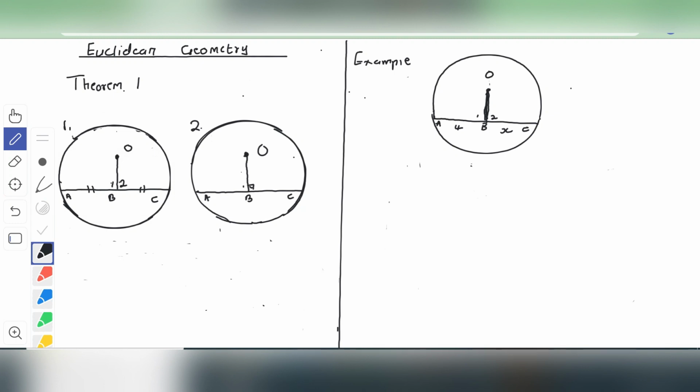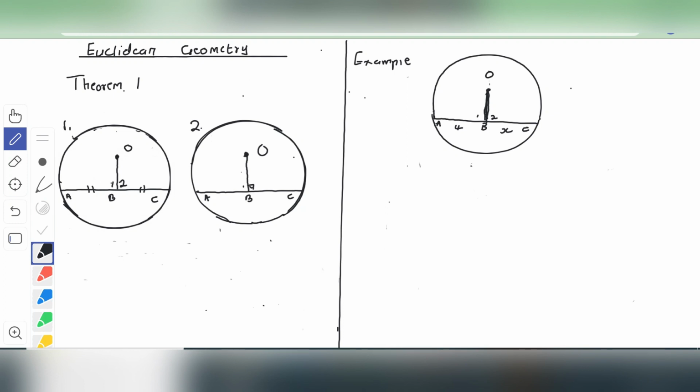And remember also that from theorem 1 to 9, only 5 theorems require proofs, which are theorem 1, 2, 5, 8, and lastly 9. Right, guys? So let's start with the business of the day.